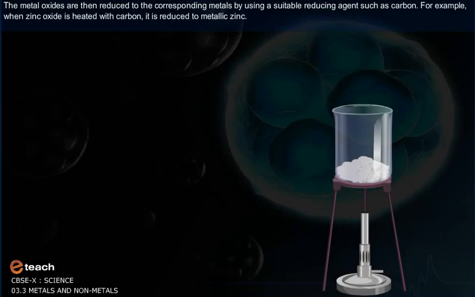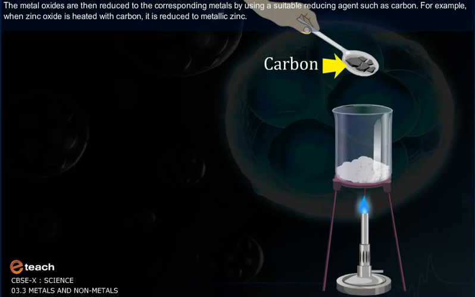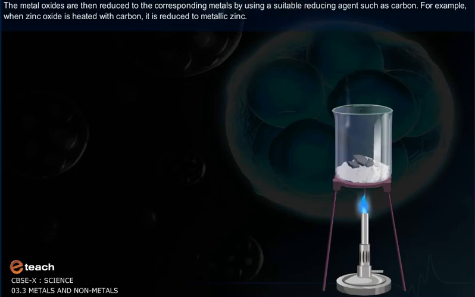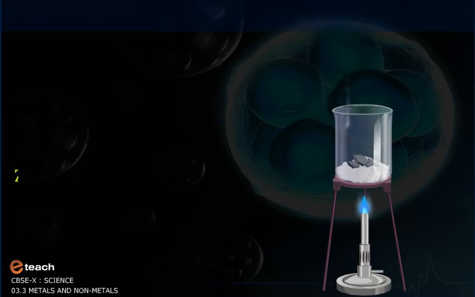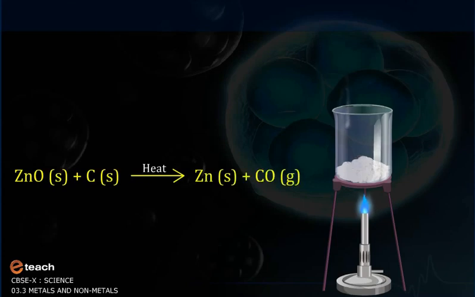The metal oxides are then reduced to the corresponding metals by using suitable reducing agents such as carbon. For example, when zinc oxide is heated with carbon, it is reduced to metallic zinc. ZnO plus C gives Zn plus CO.